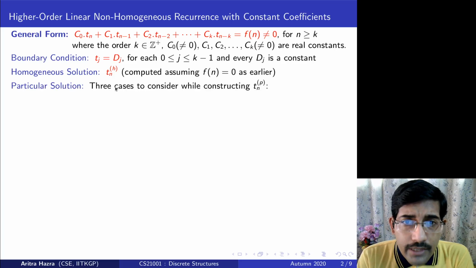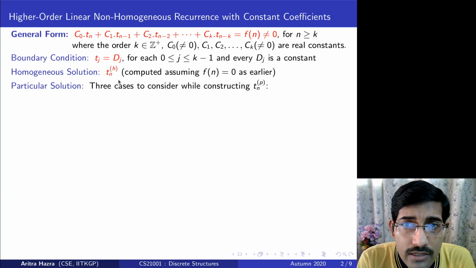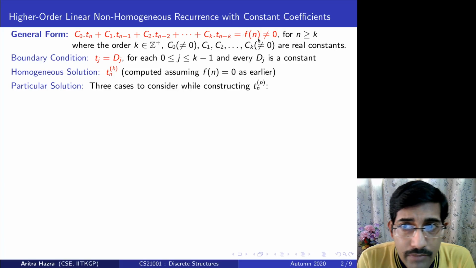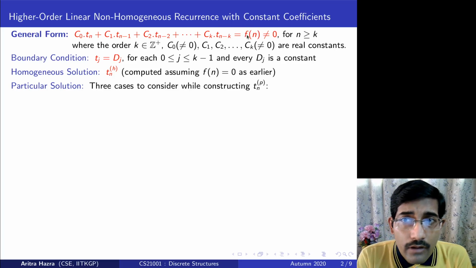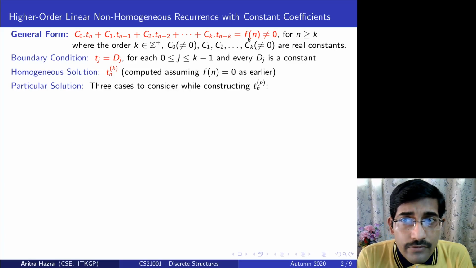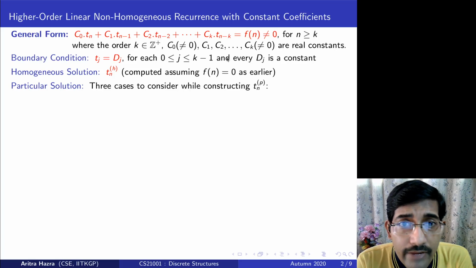For the particular solution case, I will try to mimic my solution to be just like this function and try to see how this solution can aid my recurrence. So if it is exactly as the function, then I have to take a certain measure that I have n into that b to the power n, going as per the previous lecture.